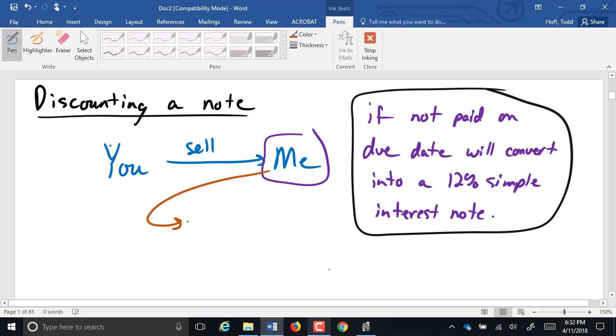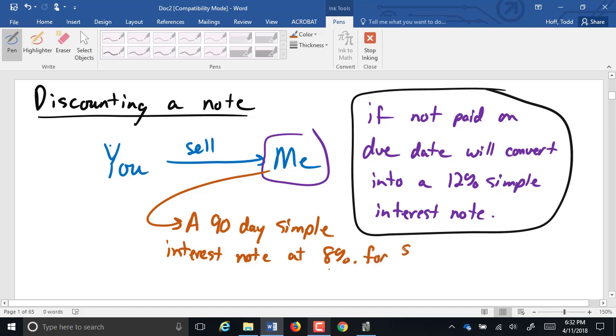So you arrange a 90-day simple interest note at, let's say at 8%. So I can pay a little bit lower rate. And let's say the balance is $5,000.